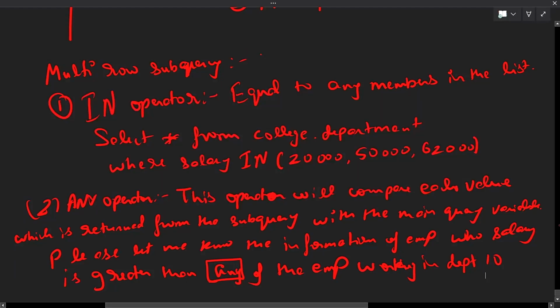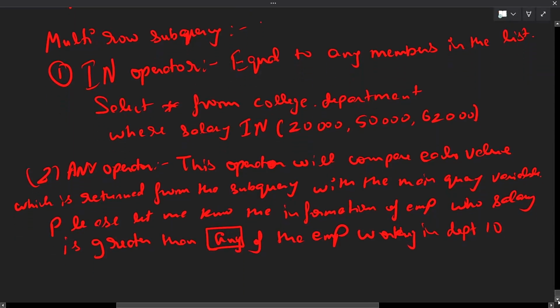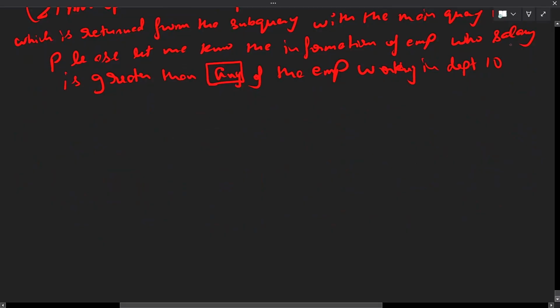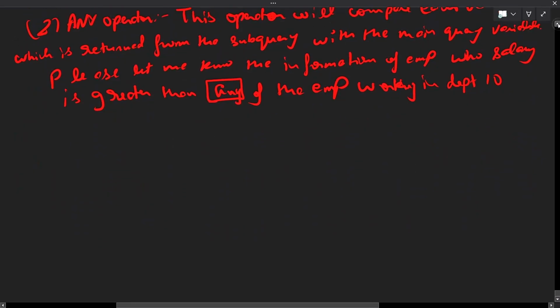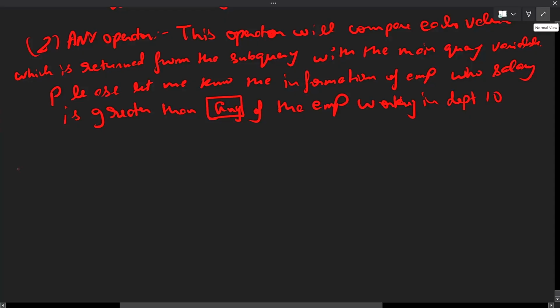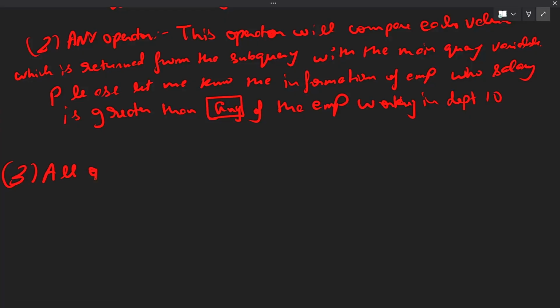Now let's take the all operator. Look, any means anyone. All means what? All of them, right? Let's see, the all operator.